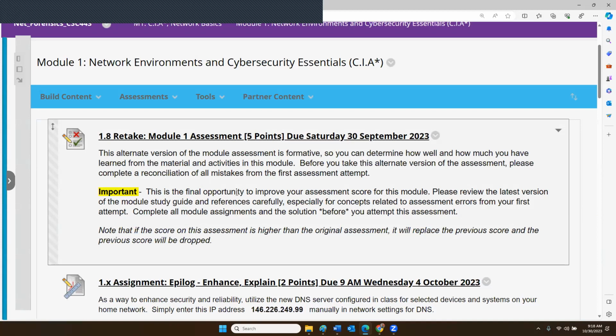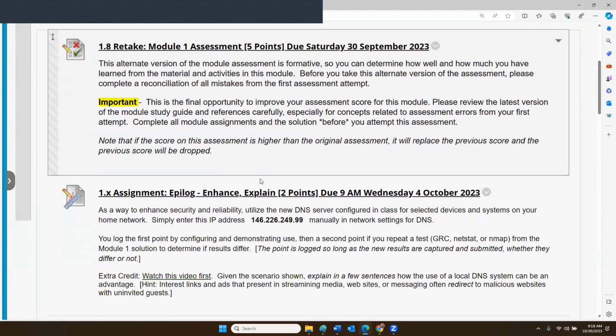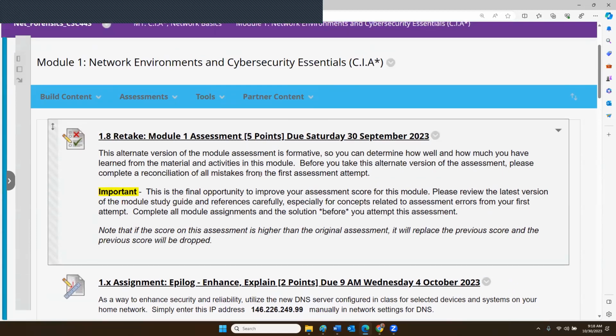But this is something that you can do and should do just to mop up now that you've had a chance to reconcile. And again, my regrets for some gaps in communication. So any questions on the expectation for logging your final attempt of the Module 1 assessment?